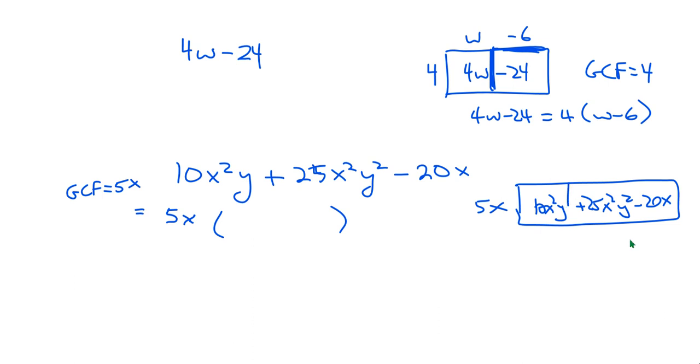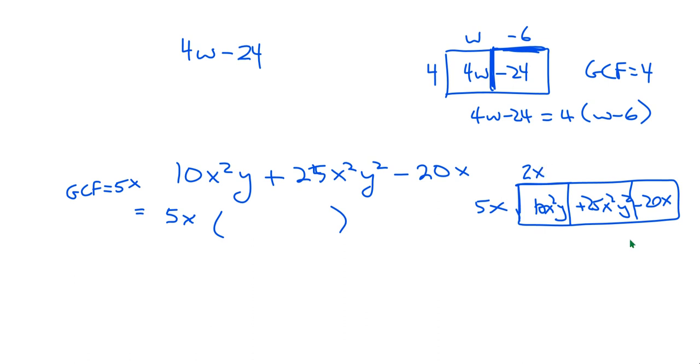So in my area model, I'm going to now split this into the three parts, and I'm going to see what you need to multiply by to get that inner area. First one, inner area is 10x squared y. One of the dimensions is 5x. What does the other dimension have to be? Well, it needs to have a 2, so I can get the 10. There's already one x in the 5x, so I need another x to get an x squared.